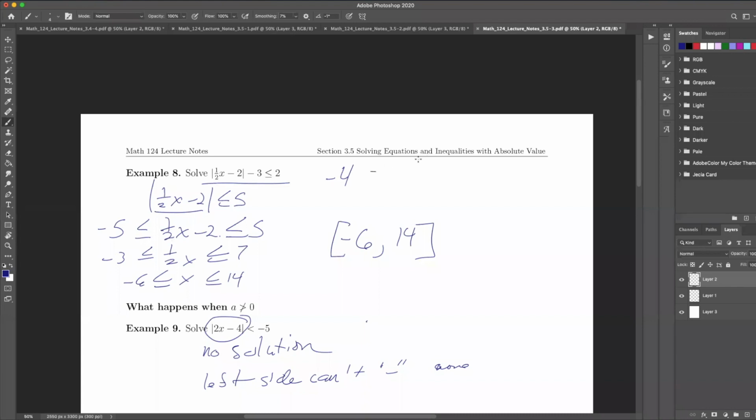If I plug in -6, I'll get -5 inside, which the absolute value gives me 5.